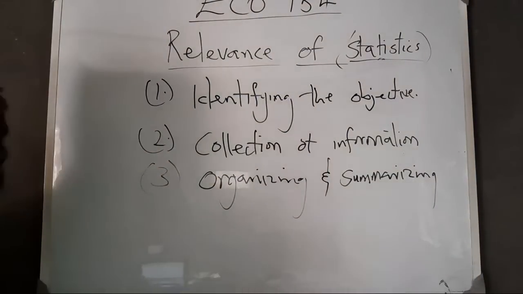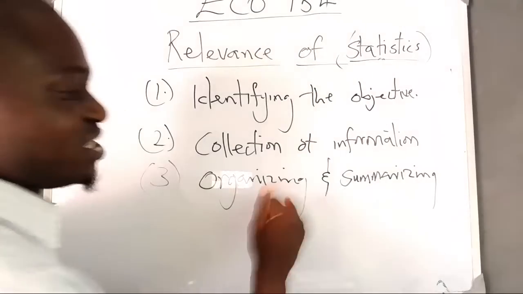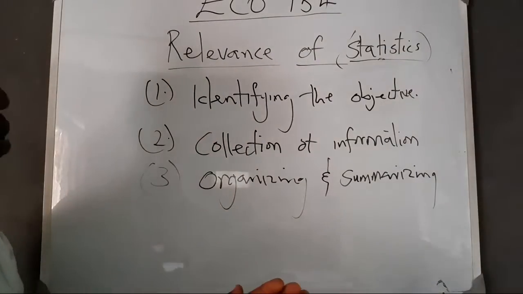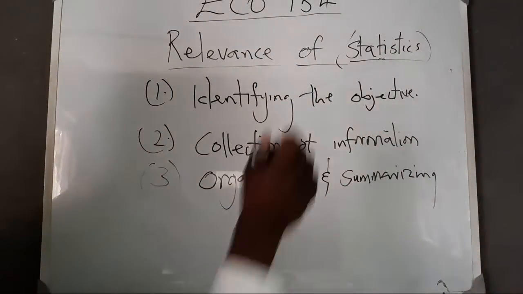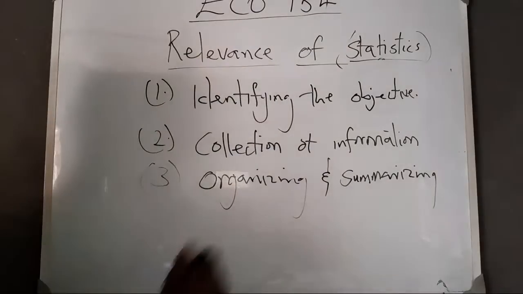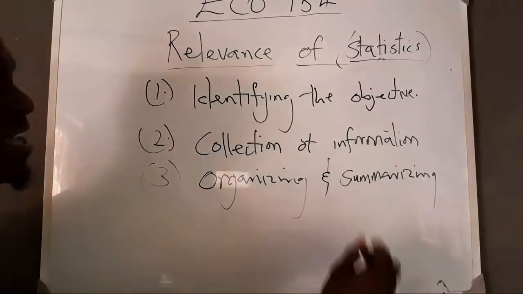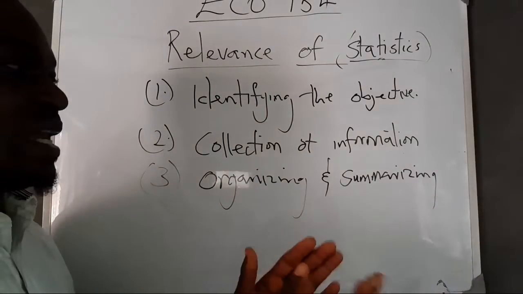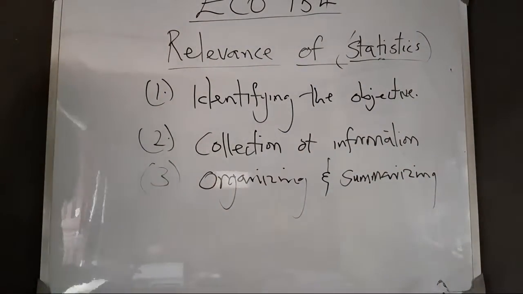It is then left for the researcher to organize and summarize this information into a lump, because what we need is the particular number of students in the school. So whether we have 30 students in A, 30 students in B, it is left for you to summarize them, put them together. And that is what we mean by summarizing this information.